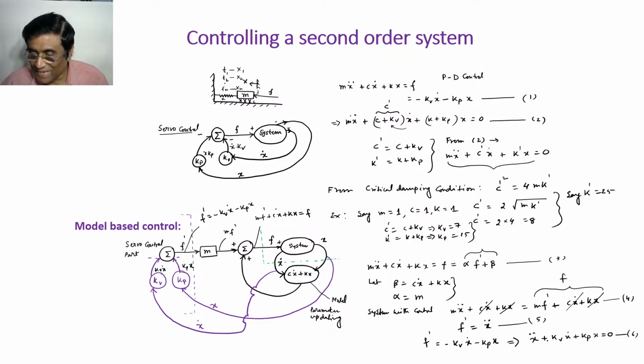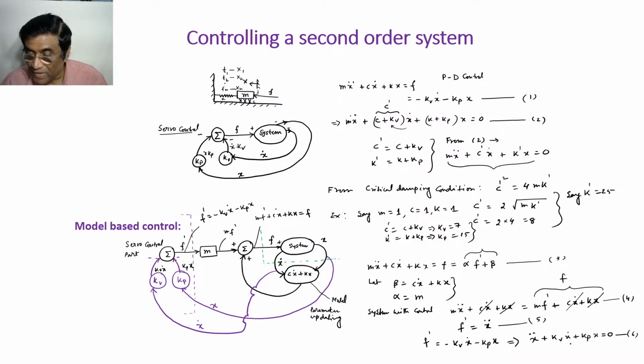You see, there is no system parameter in this control law. Here there were system parameters m, c prime, k prime, but here no, only kp, kv, and nothing else.